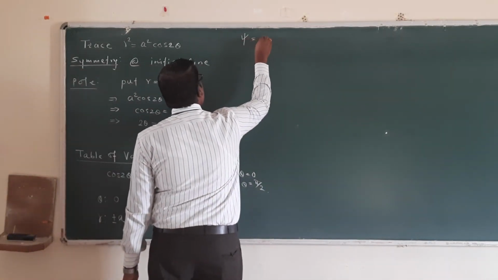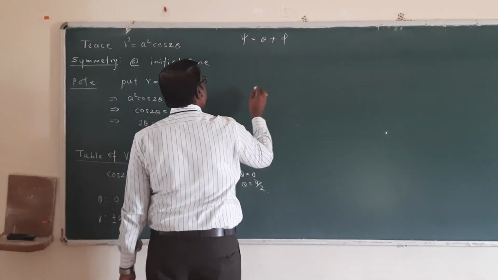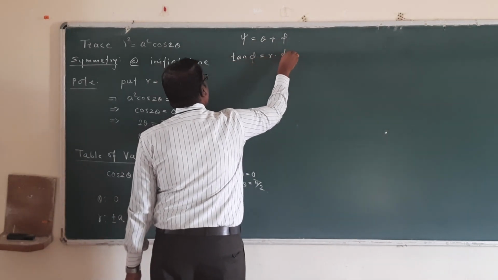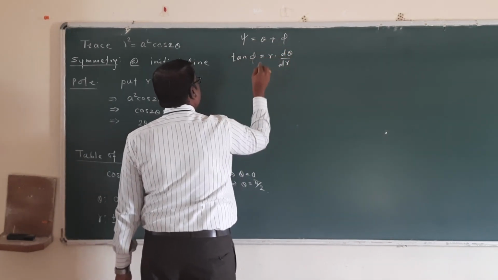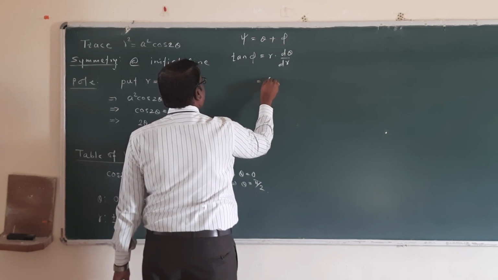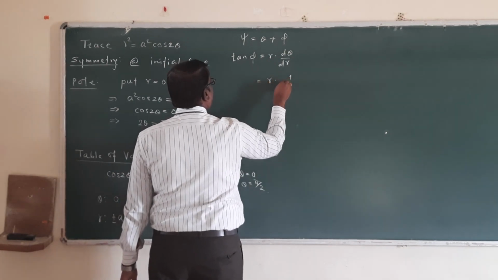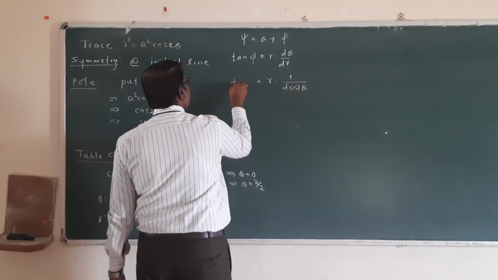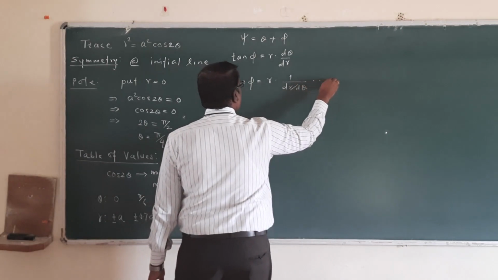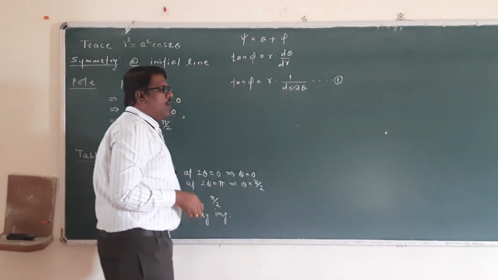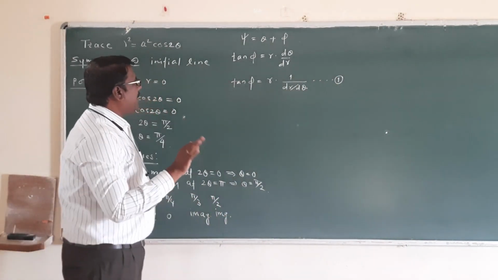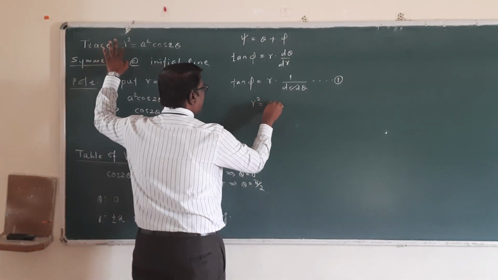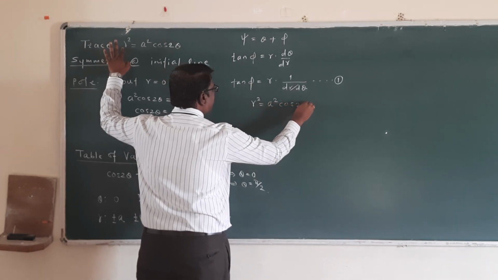So we know psi is equal to theta plus phi, where tan phi is r into d theta by dr. So this is nothing but r into 1 upon dr by d theta. So this is the value of tan phi. This is, suppose, equation number 1. Now to get dr by d theta, what will I do? I will consider the given equation, r square is equal to a square cos 2 theta.